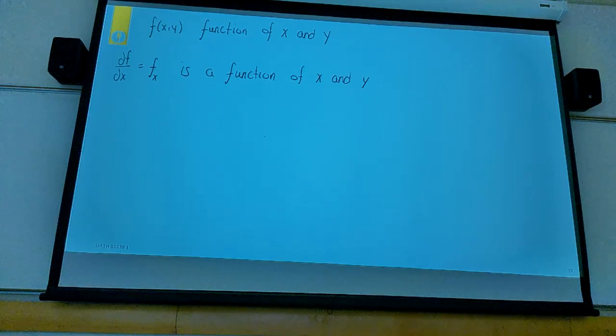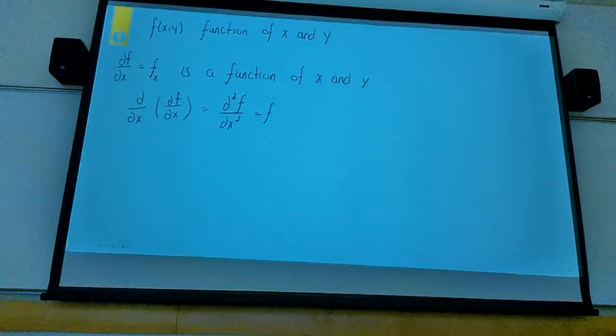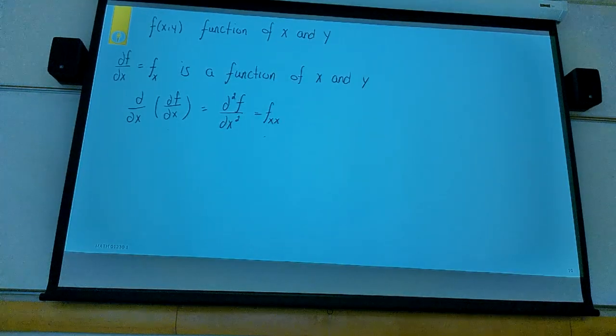So for instance, you want to be able to do this, right? Second order partial. But wait. Couldn't I also take its partial with respect to y?